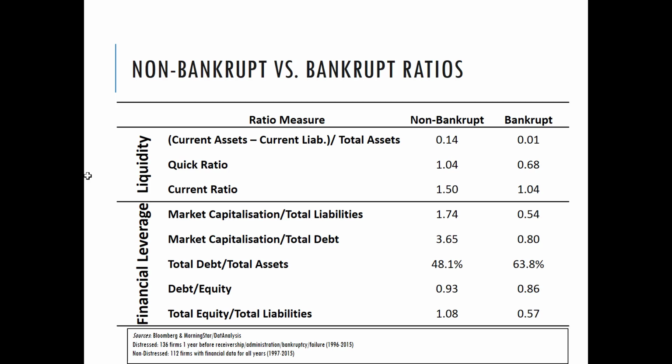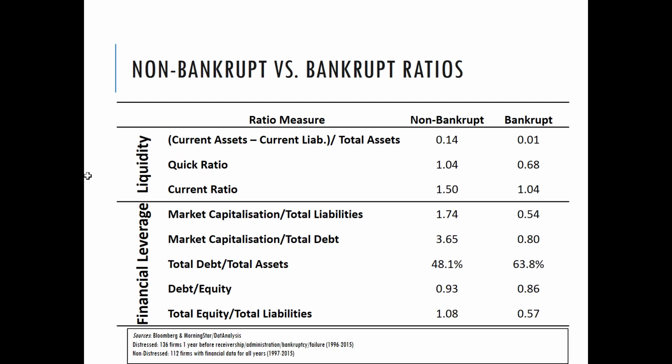So for example, if we want to look at liquidity, which is one of the easiest ways to figure out whether a firm will have problems with repaying debts, we can see that bankrupt firms generally had a quick ratio of below 1, whereas non-bankrupt firms had a quick ratio above 1. When we're looking at leverage, the companies don't necessarily differ that much, but we do see that bankrupt firms have, generally speaking, less equity in relation to their liabilities.